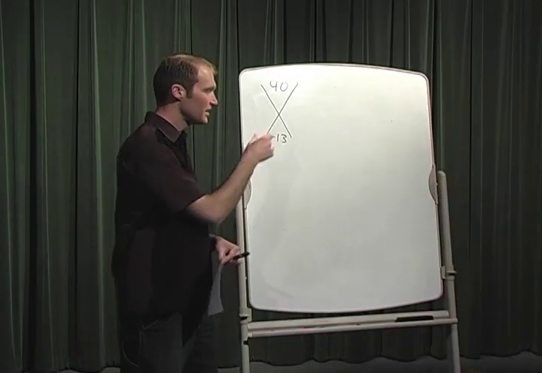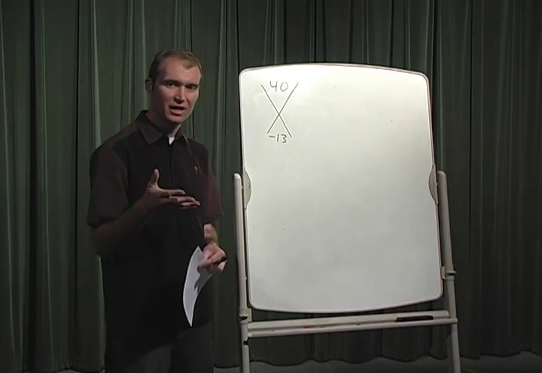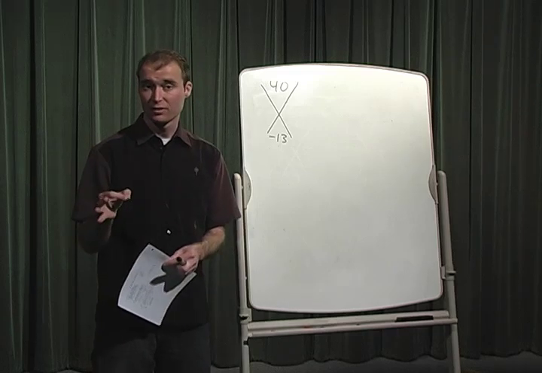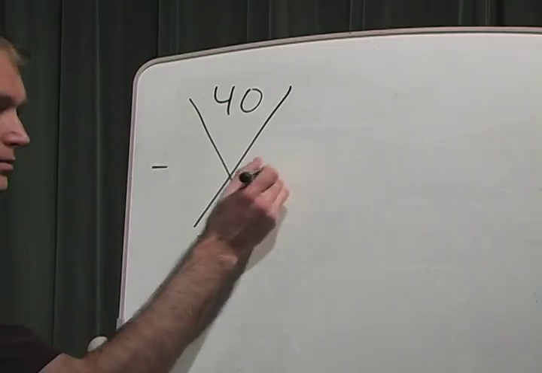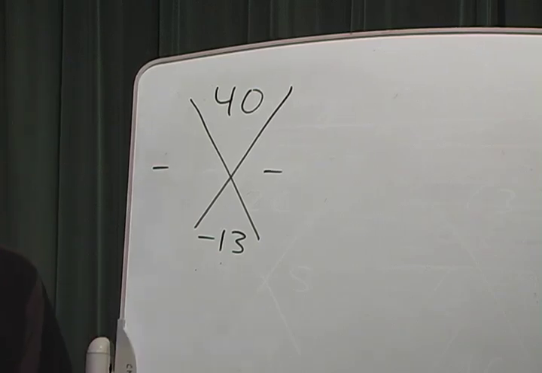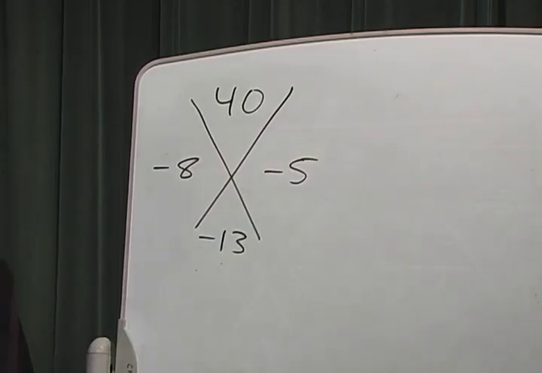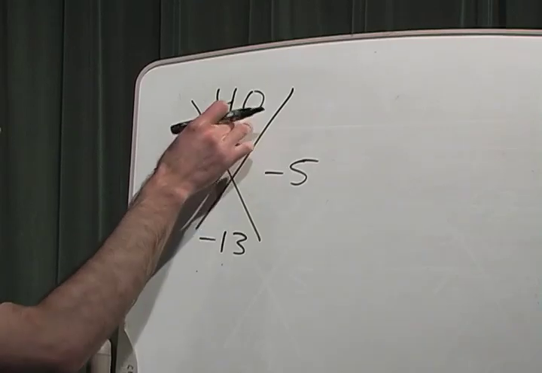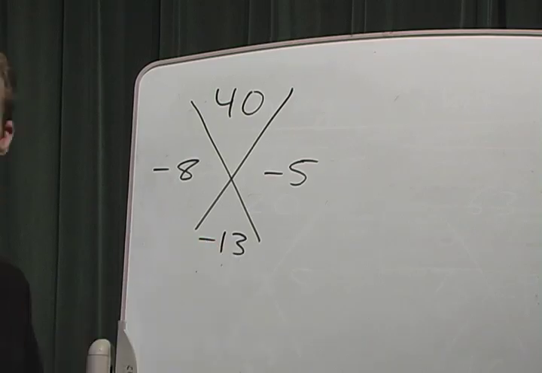Because they multiply to a positive number, they have to have the same sign. They're either both negative or both positive. In this case, they're both going to be negative because they're adding to a negative number. So I'm going to have negative 8 and negative 5. Negative 8 times negative 5 is positive 40. Negative 8 plus negative 5 is negative 13.